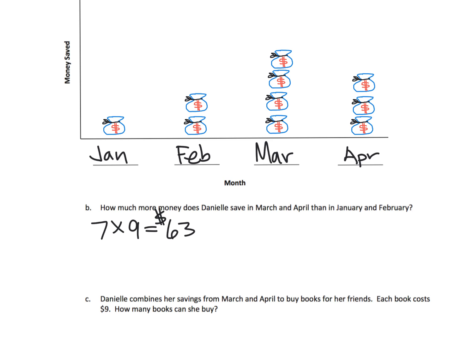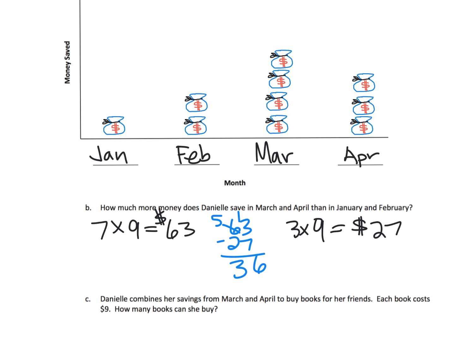So that's 3 times 9, so that's $27. So how much more money did she save in March and April compared to January and February? That means we need to subtract 63 minus 27, and we can see that she saved $36 more.